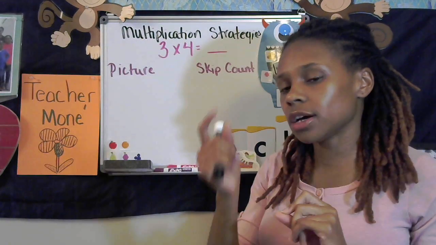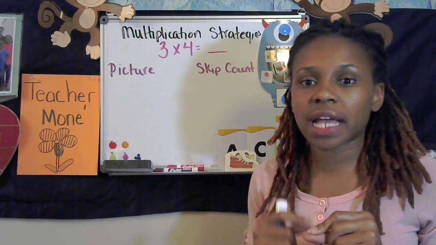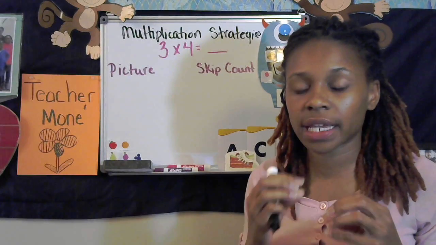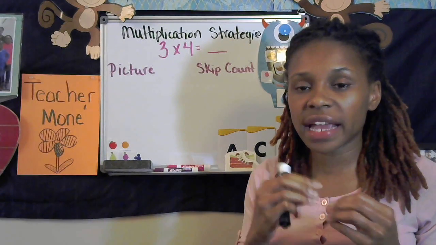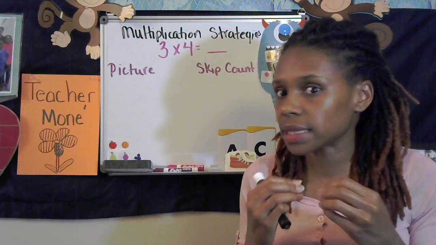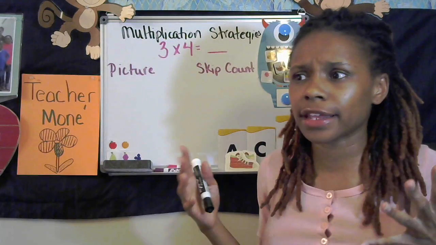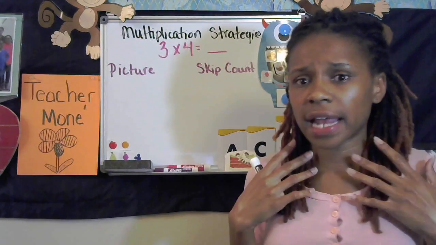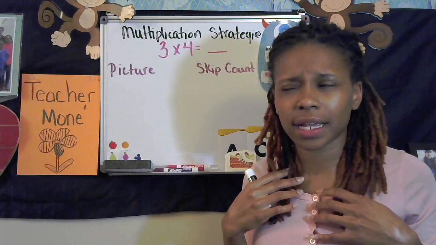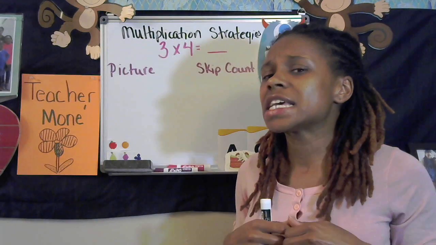Now, let's go back a step. If you tell your child to make 3 groups of 4, and this is their first day, even sometimes their second or third day, depending on the kid, they might not understand exactly what that means. Like, how do you even make these groups? As an adult, you're like, what are you asking me, how to make groups?